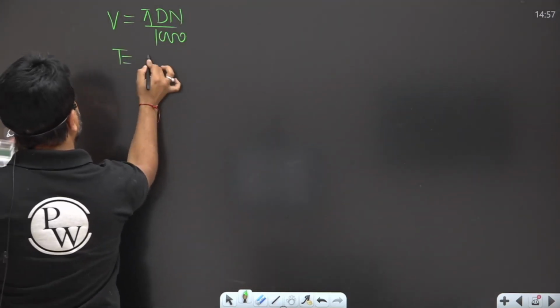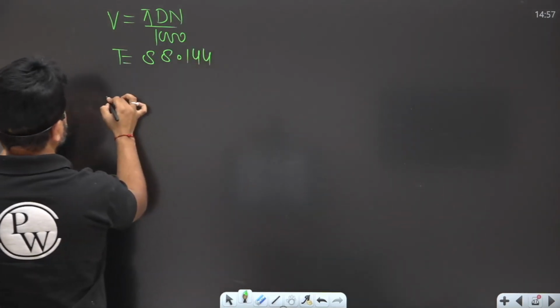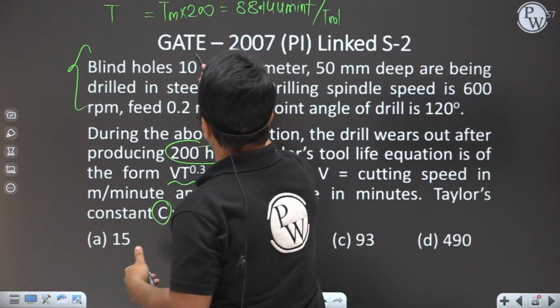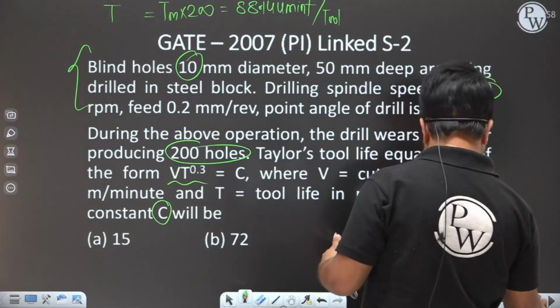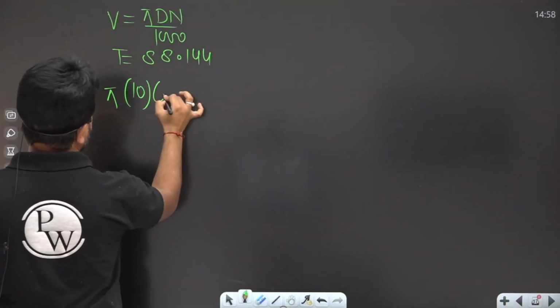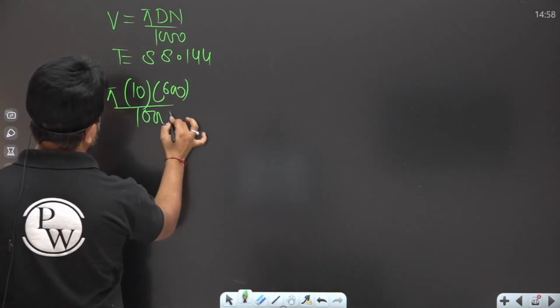Tool life is 88.144. D is the diameter, 10 mm, the blind hole diameter, and N is 600. So pi times 10 times 600 divided by 1000.